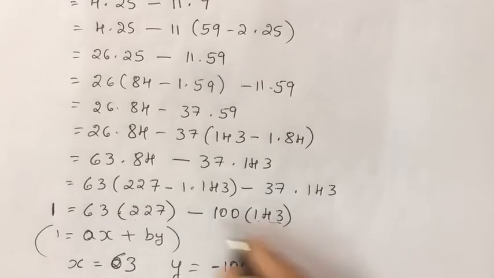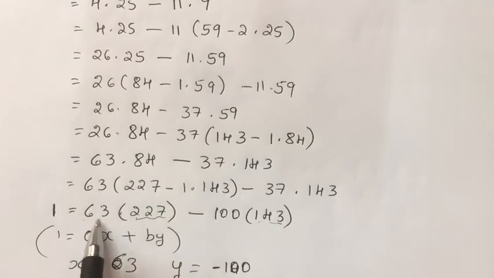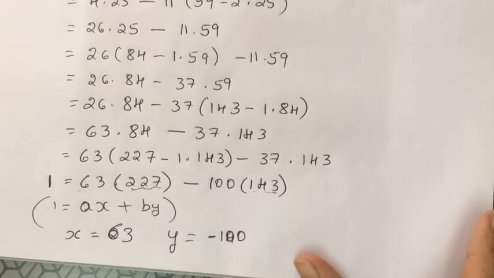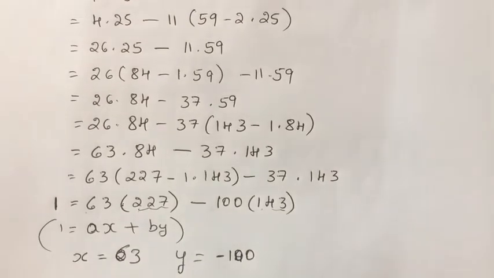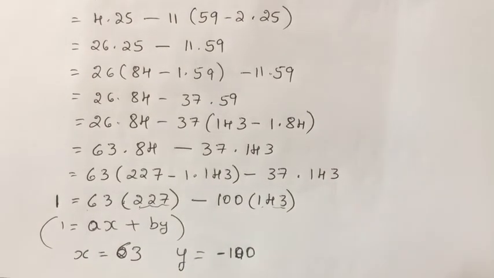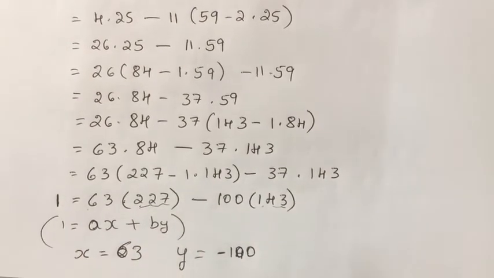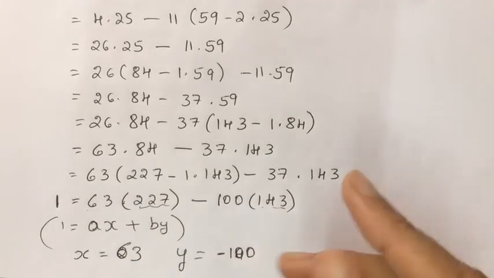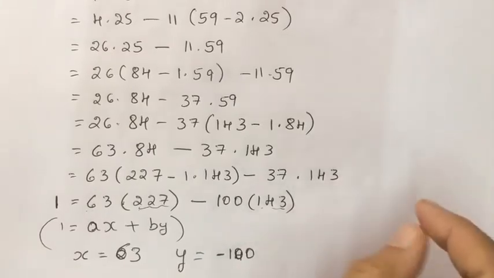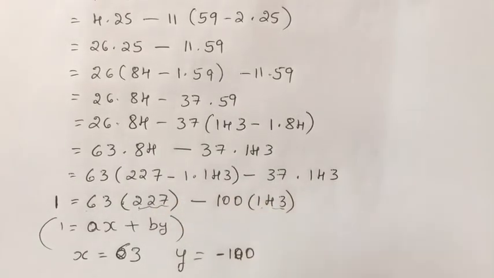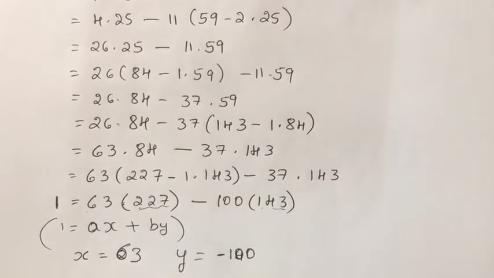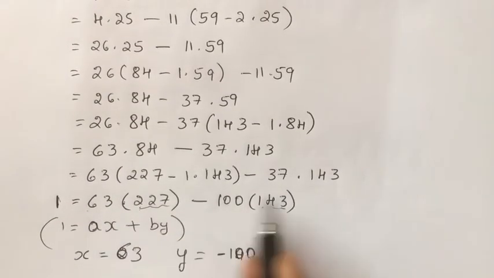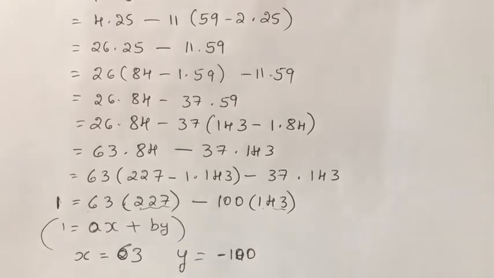This is b and this is a. x is 63 and y is minus 100. This is not the only way to express the integer 1 in terms of 227 and 143. You can add and subtract these two integers and get another equation for representing 1 in terms of products of 227 and 143.